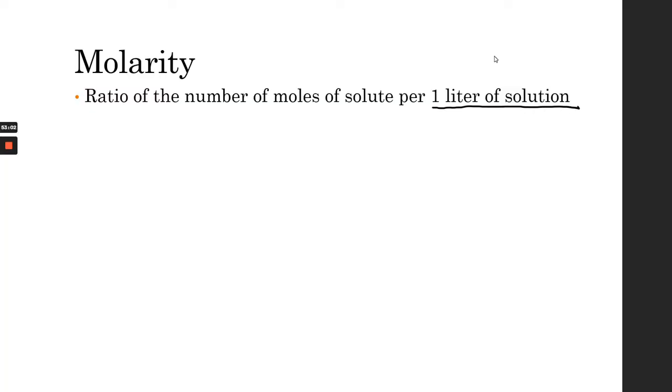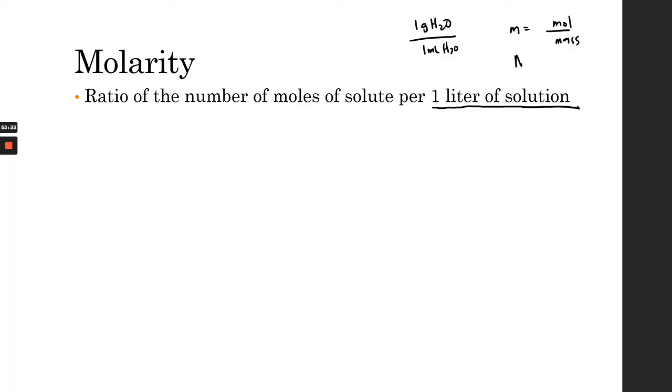If you guys remember, if we are dealing with water, 1 gram H2O is equal to 1 milliliter of H2O. In this scenario, it's kind of similar, but in molality, we get moles over mass of solvent.